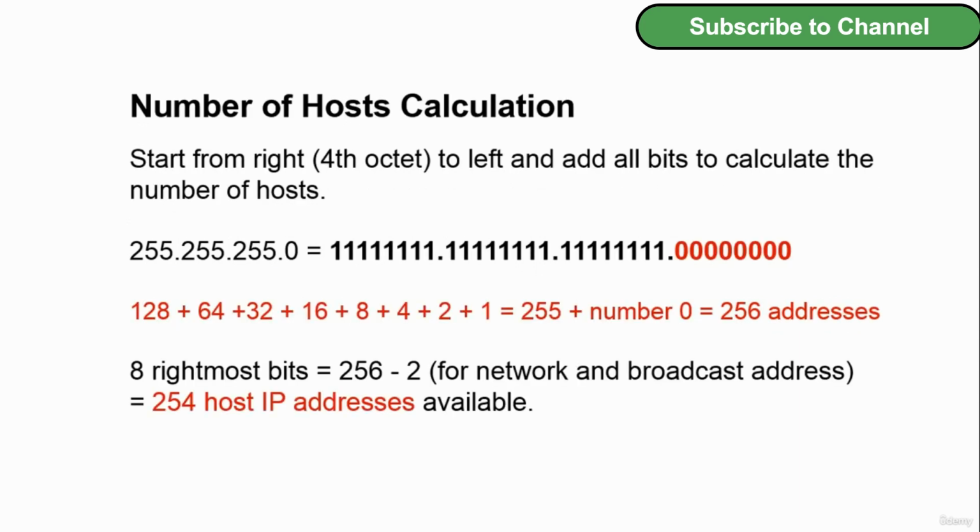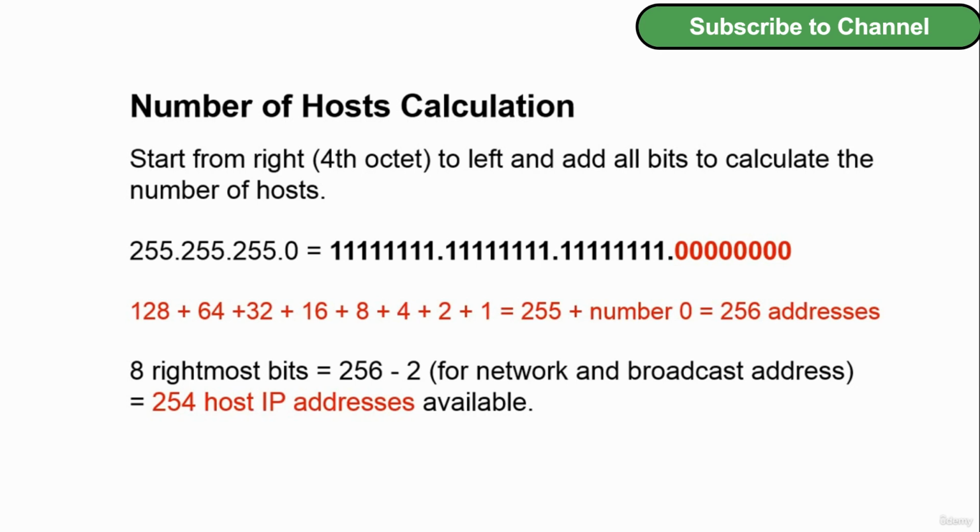So the host calculation makes it a little easier, I guess. I'm going to add up all 8 bits of the octet, and that gives me 255. And the number 0 is a number as well, so it has to be included as part of binary math, if you want to think of it like that.